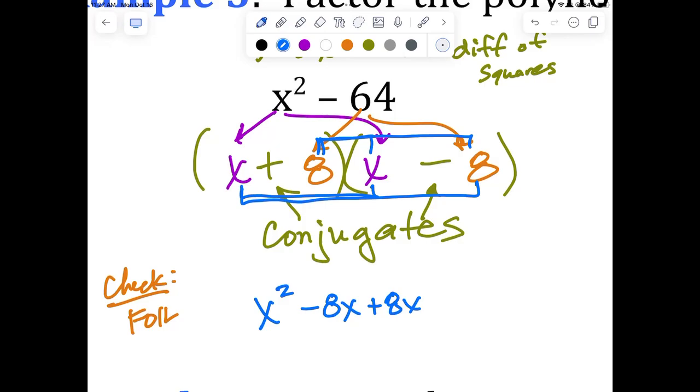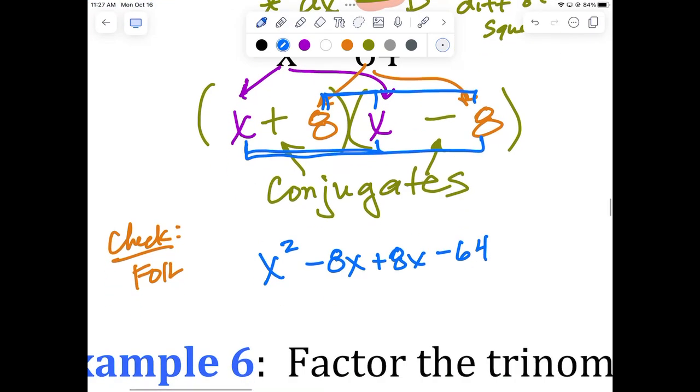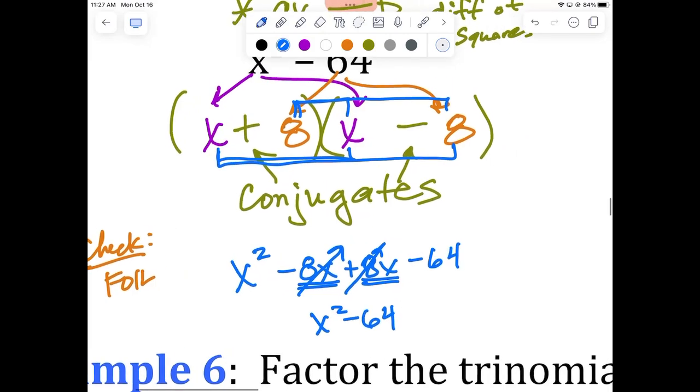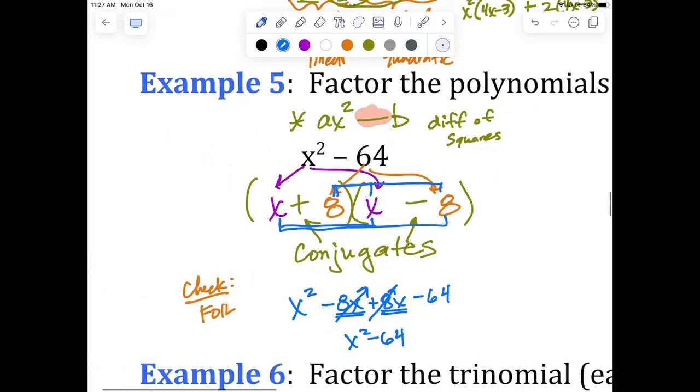And the last is negative 8 times negative 8, which is negative 64. What happens on the inside when you combine your two outer and inners? They cancel, forming a 0, and you're left with x squared minus 64. Okay? And that's why we call those conjugates. One of them is plus and one of them is minus, and that's how you get them to cancel each other out.